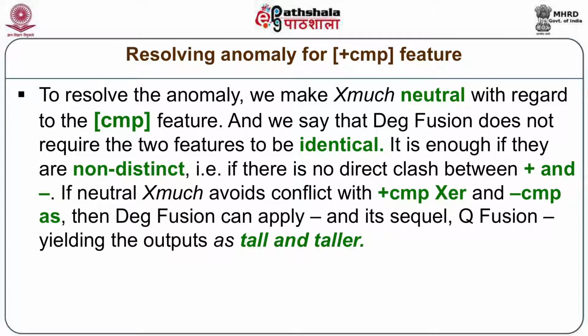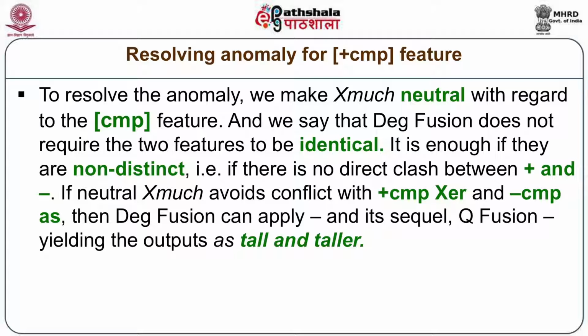Whereas in standard English, which gives you just taller without the word more in the surface structure, the deep structure has this exer in the position of the degree word, but the quantifier is not more. The quantifier is x much. X much does not carry a feature value for the CMP feature.